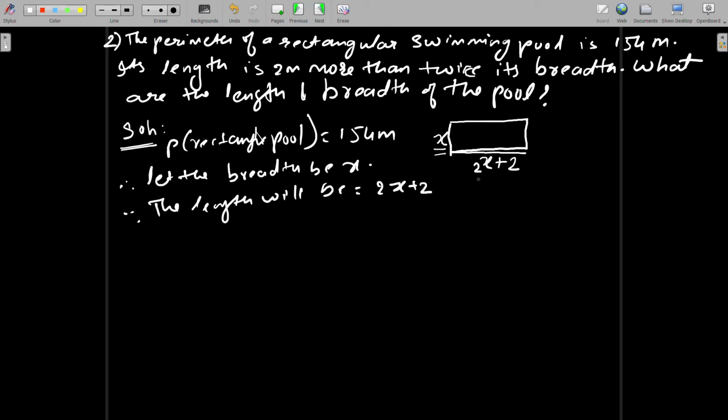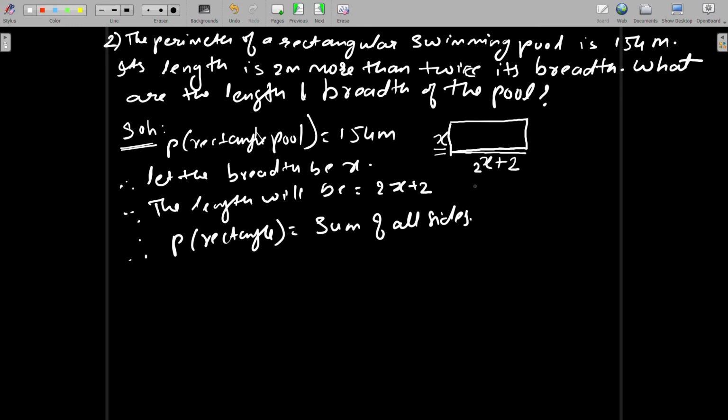Why? Because it is saying 2 meters more than twice the breadth. More means we are adding, right? That is what it is. Therefore, perimeter of a rectangle is equal to the sum of all sides.